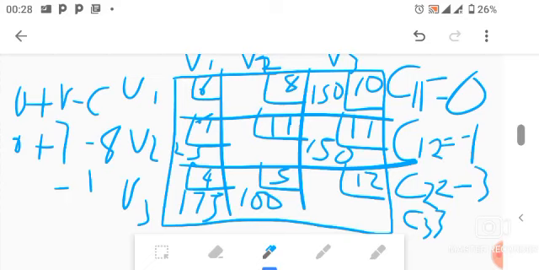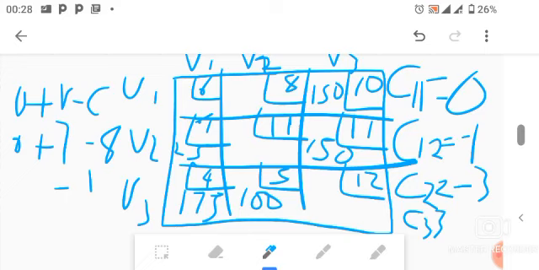Next, C33. C33 is in row 3, column 3. What u and v values correspond with that box, which has a cost of 12, by the way? It's u3 and v3. So get their values and substitute in that u plus v minus c formula, which we are working with to test for optimality.